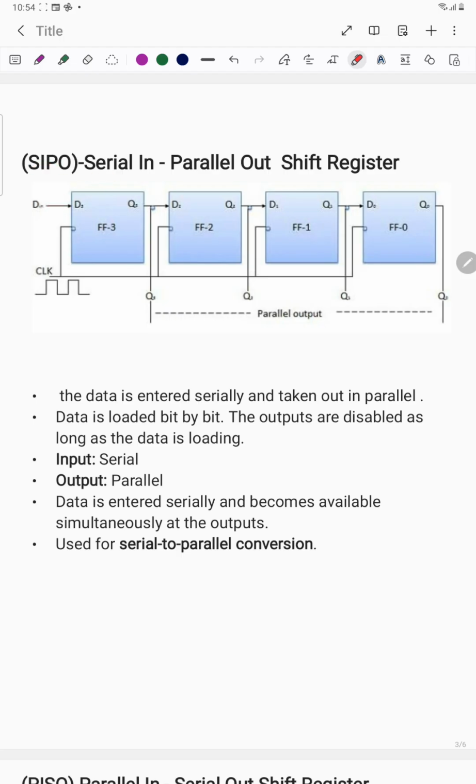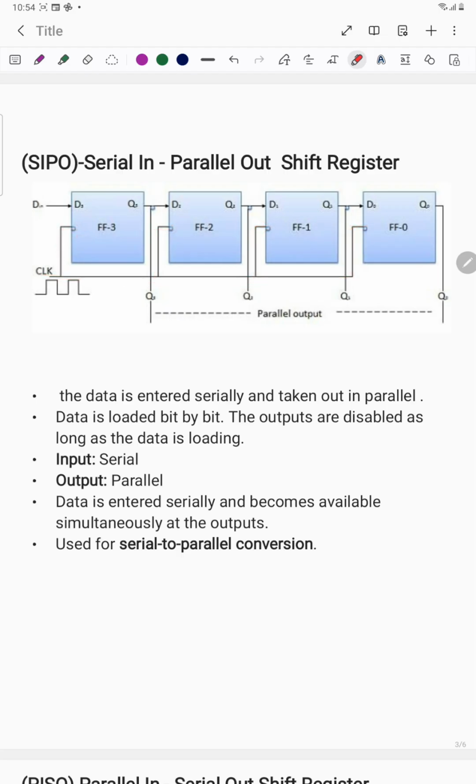The inputs are in serial manner, but parallel output means we take a parallel output from all the flip flops, and finally the clock pulses are given the same as the previous one.